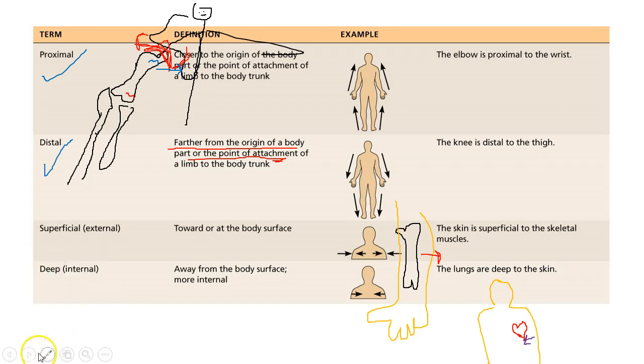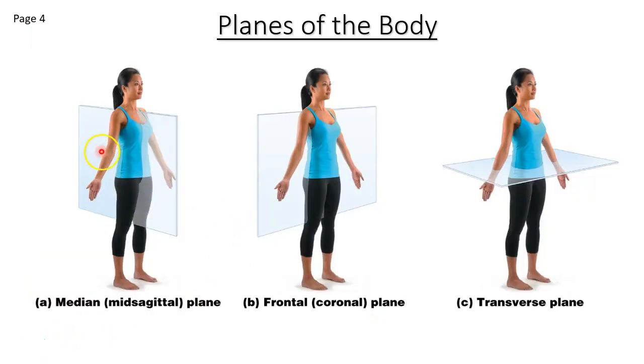So now we'll talk about the planes of the body. I don't really know how to tell you all these besides just memorizing them, but the first plane is the median or mid-sagittal plane. So we're cutting this lady in half, straight in half.